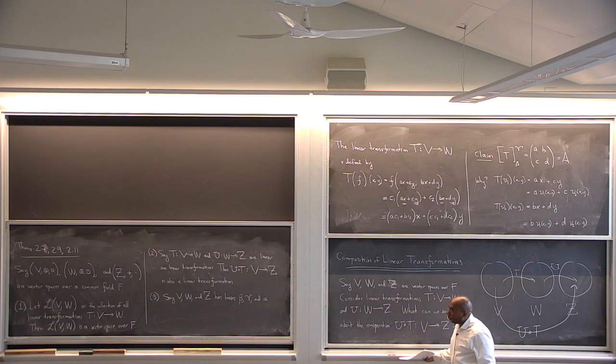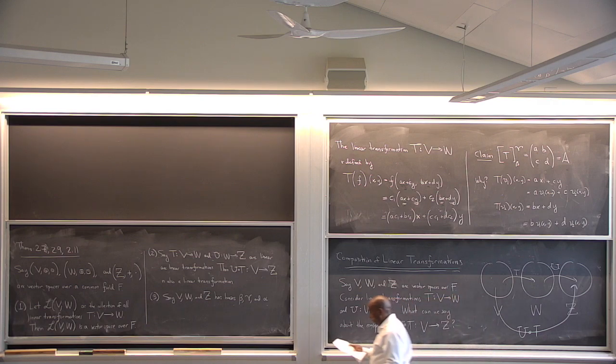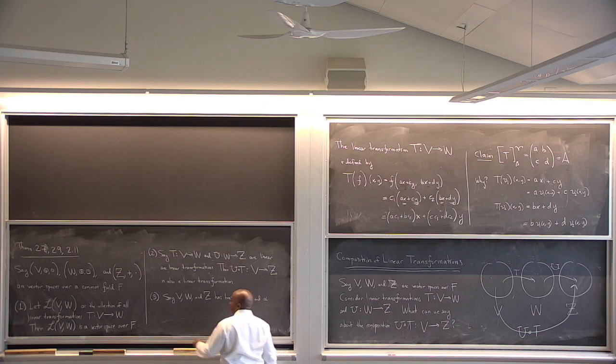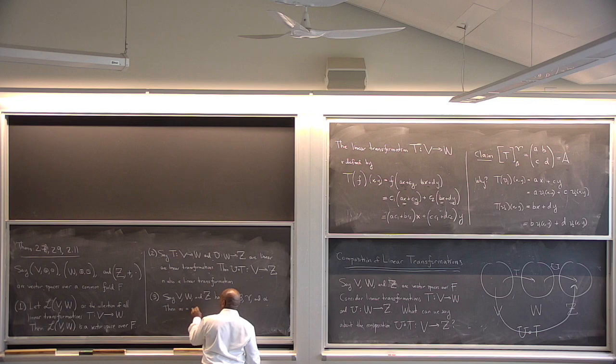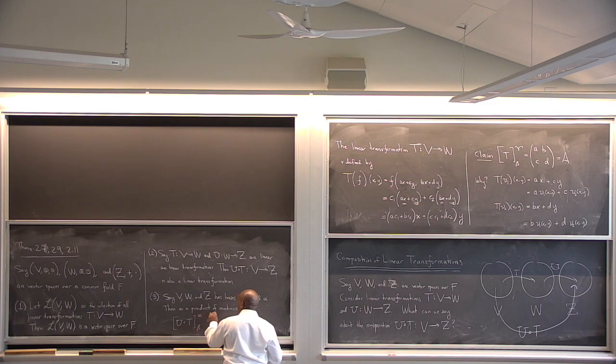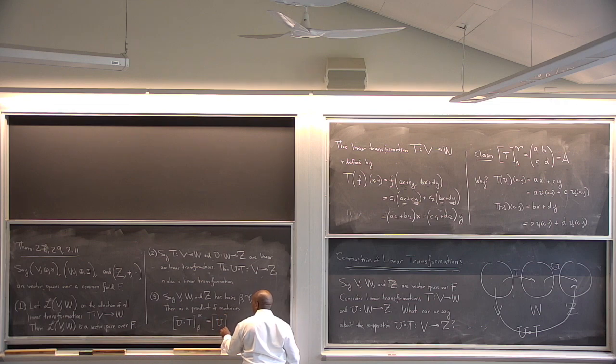So beta is the basis for V, gamma is the basis for W, alpha is the basis for Z. Then, as a product of matrices, we have here the matrix representation of this composition is equal to the following product of matrices.